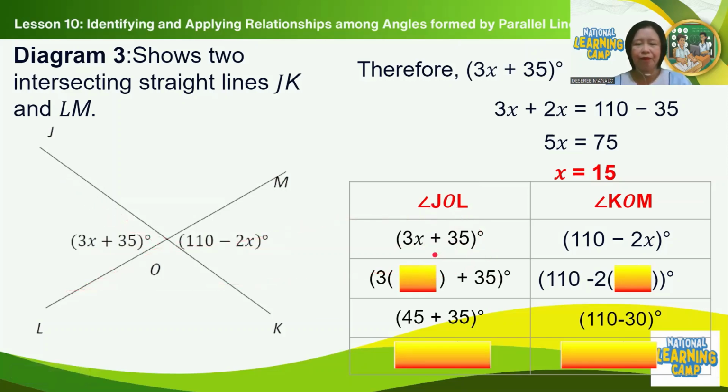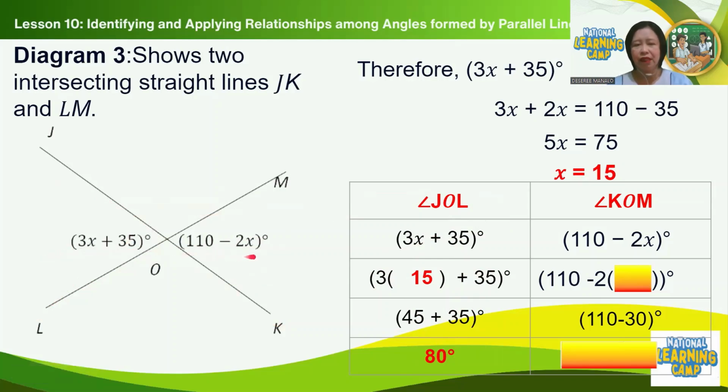So 3 times 15 plus 35. 3 times 15 is equal to 45, plus 35. The answer is 80 degrees. So therefore, the value of angle JOL is 80 degrees.